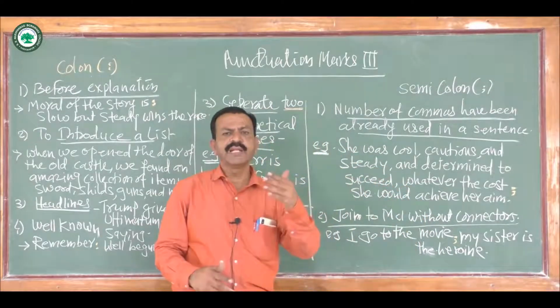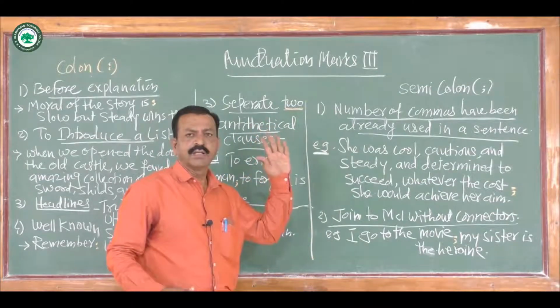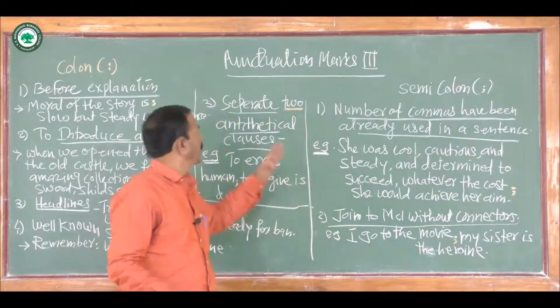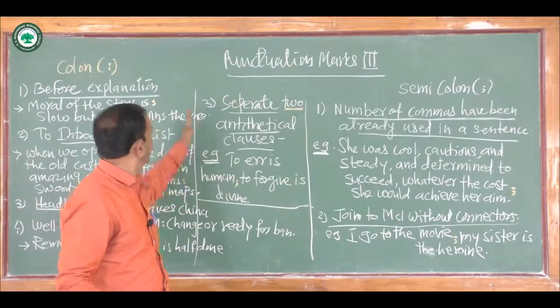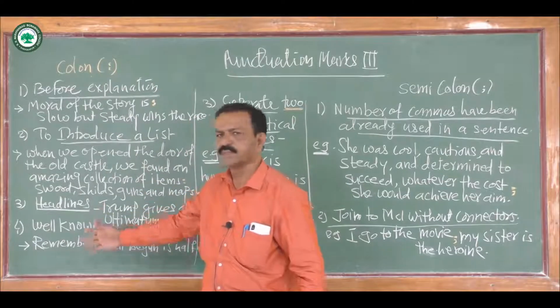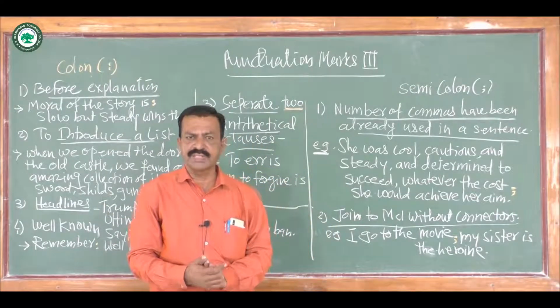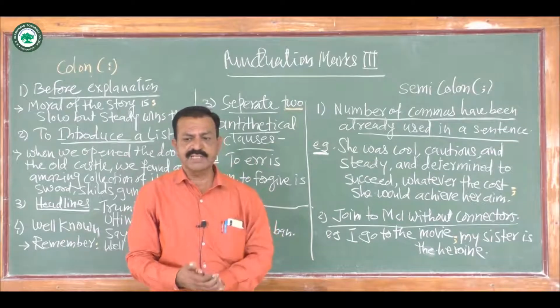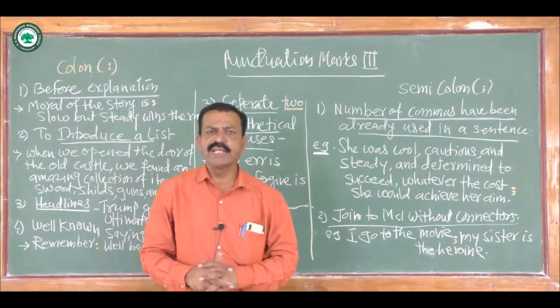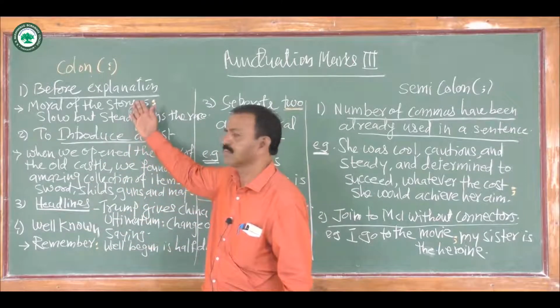Now I come to the next punctuation mark, that is colon. I have given you here certain examples of the uses of colon. There are 4 uses which I would like to focus on. The first one is that colon is used before explanation.